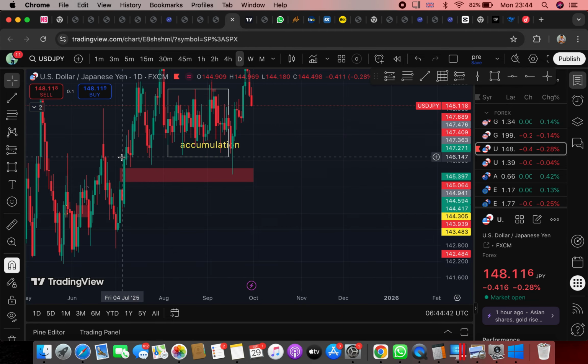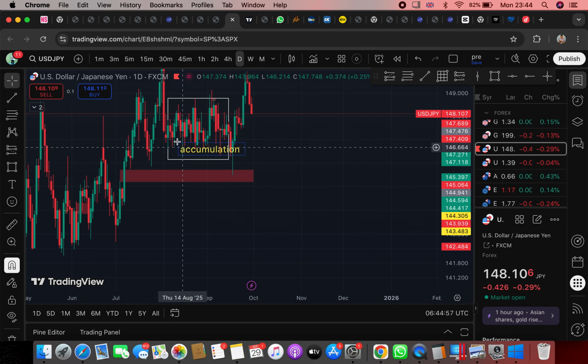So in trading SMC, you need to be watching out for fair value gaps and other blocks as your point of interest. That was why this market manipulated towards the downside after a series of accumulation, consolidation, or ranging.